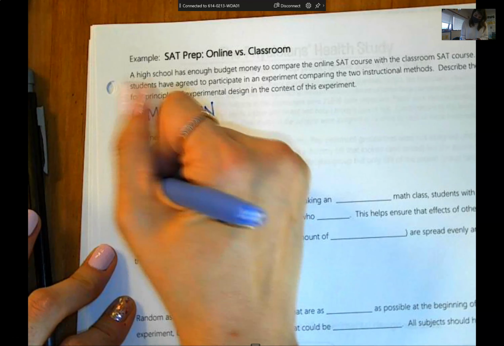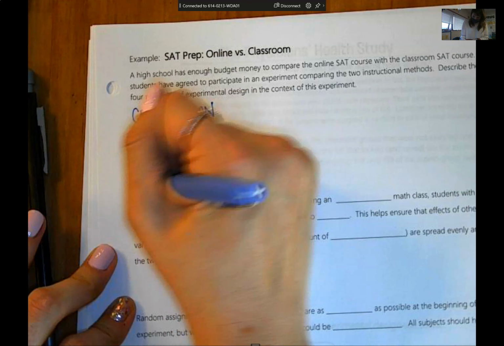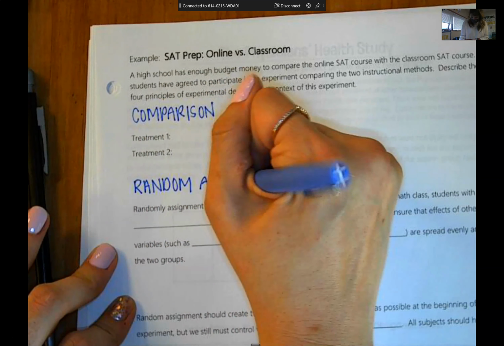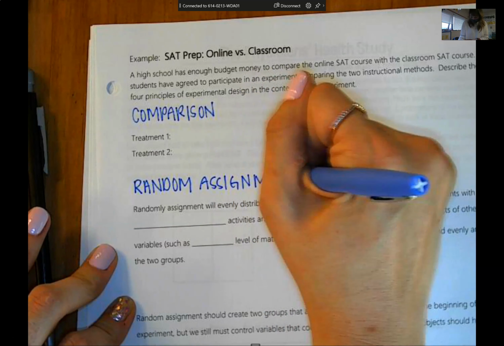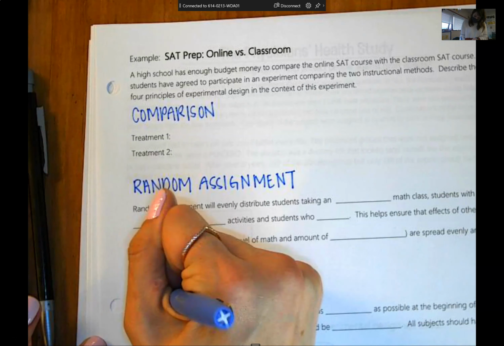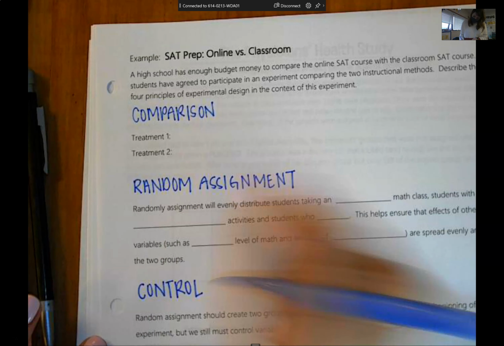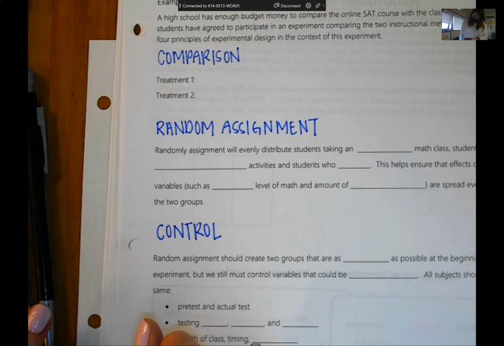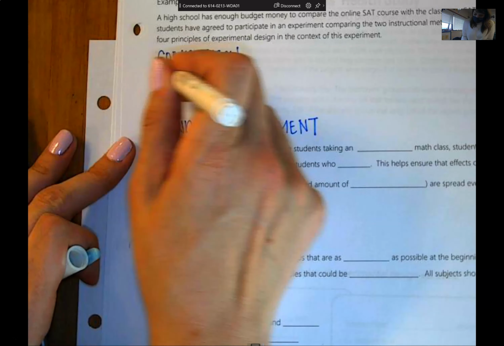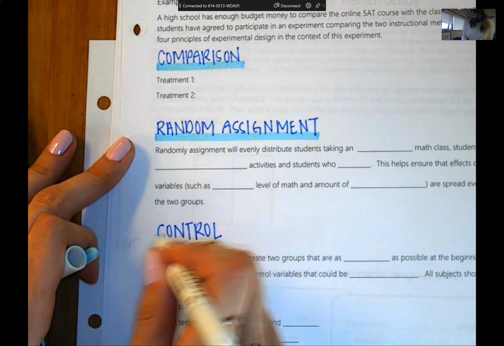The next one is random assignment. Followed by control. And lastly, replication. So we're going to look at all 4 principles in regard to this experiment.